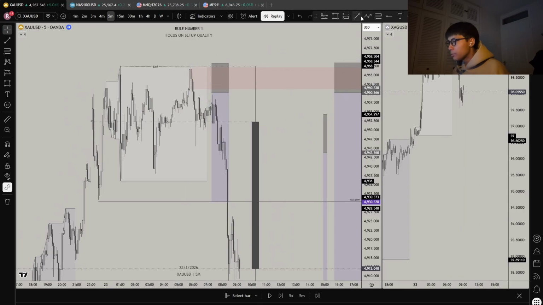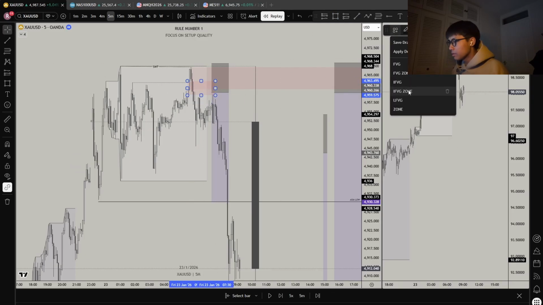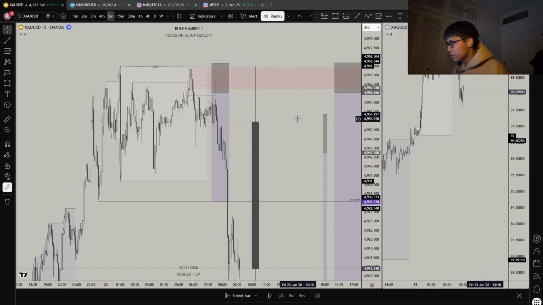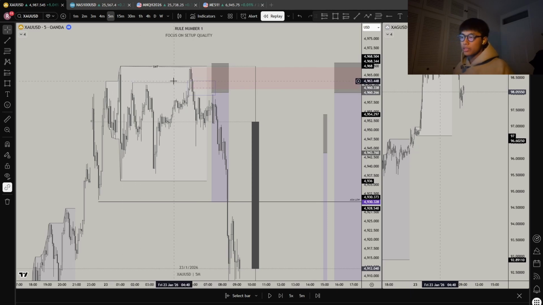And then we swept this buy side, all these highs here as well, and we had this inverse fair value gap. So to me, this is what validated this rejection block: this 15-minute inverse fair value gap, the creation of this rejection block, the bearish SMT and buy side liquidity being swept.